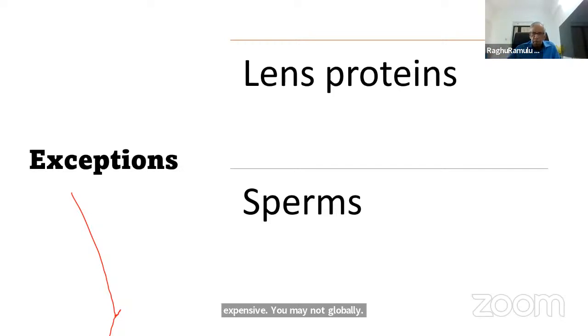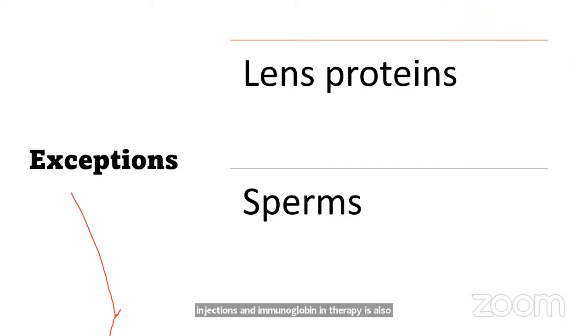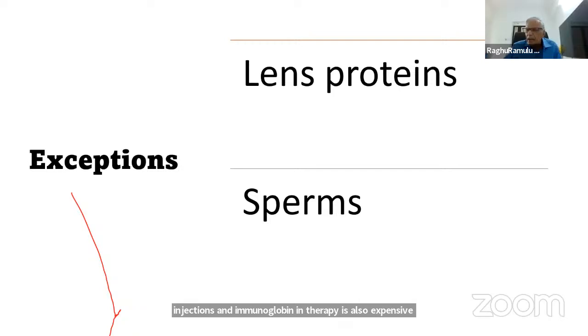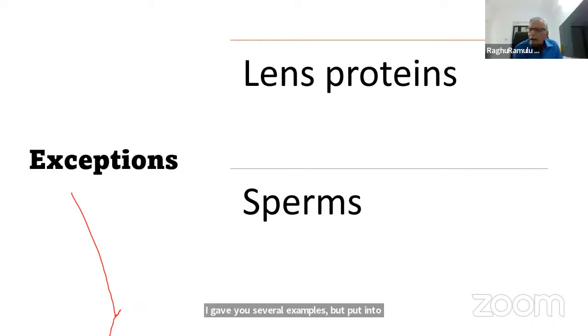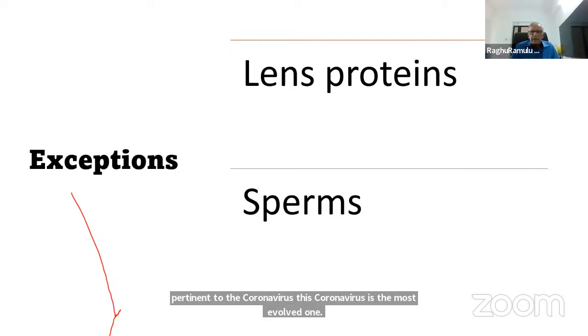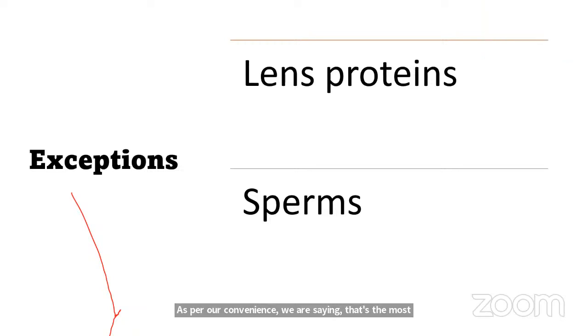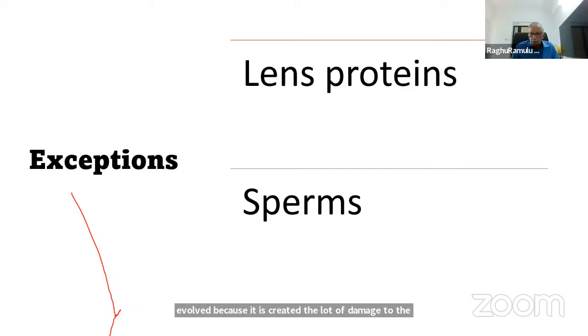Recognition is also difficult. So in order to give a complete picture of an antigen, I gave you several examples of viruses. I will give you one more example of how complicated viral topography can be, with the coronavirus. This coronavirus is the most evolved one. As per our convenience we say that, because it has created a lot of damage to the entire world, with a lot of financial effort to produce vaccines.